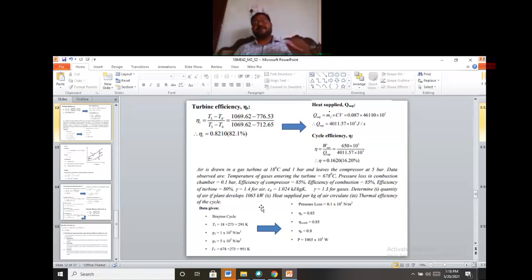Also find the heat supplied per kg of air, and calculate the thermal efficiency of the cycle. This problem is also the same. Here the efficiency of the compressor and the efficiency of the turbine are given individually. Then yes, it is the Brayton cycle with losses, that you must consider.